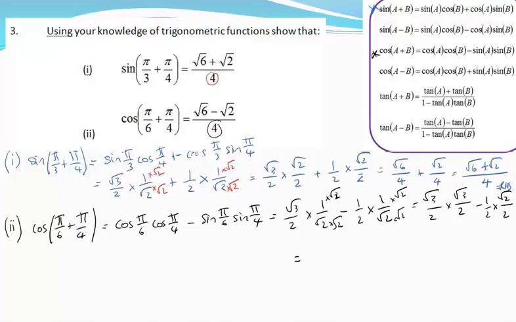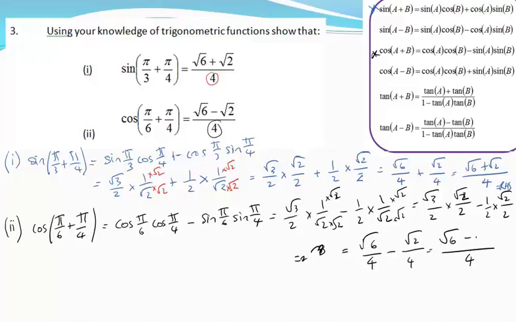So here root 3 times root 3 becomes 3. Root 2. There we go, so that should be a root 2. That makes more sense. So now we have root 3 times root 2 is root 6, 2 times 2 is 4, minus 1 times root 2 is root 2, 2 times 2 is 4. We have the same denominator, root 6 minus root 2.